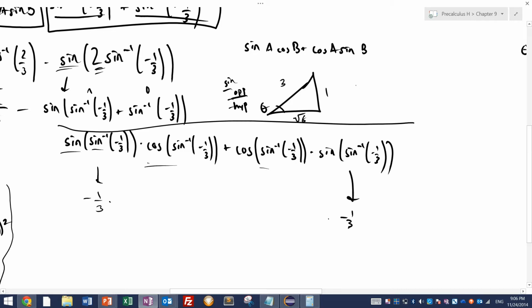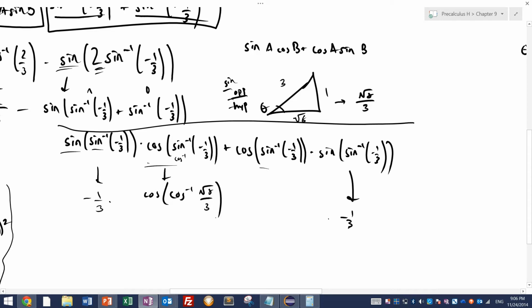Yes, root 8. And root 8 is going to be part of that cosine that we're trying to form. We want this ideally to be arc cosine. So the cosine of this is going to be root 8 over 3, which means this can turn into cosine of arc cosine of root 8 over 3.